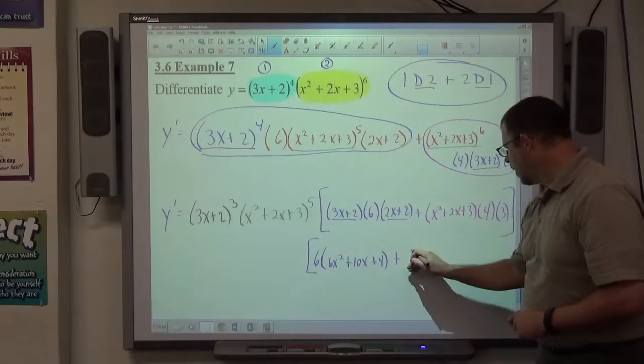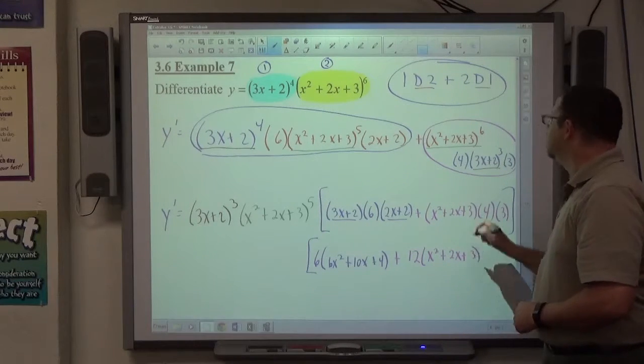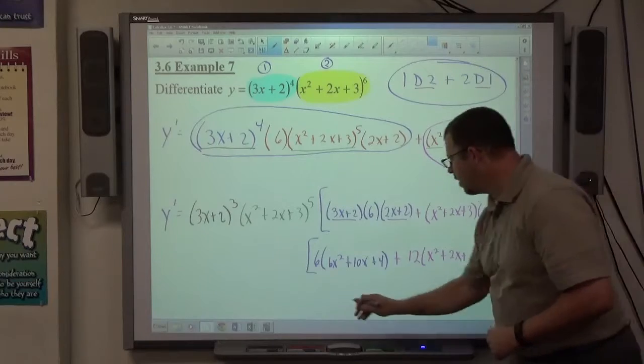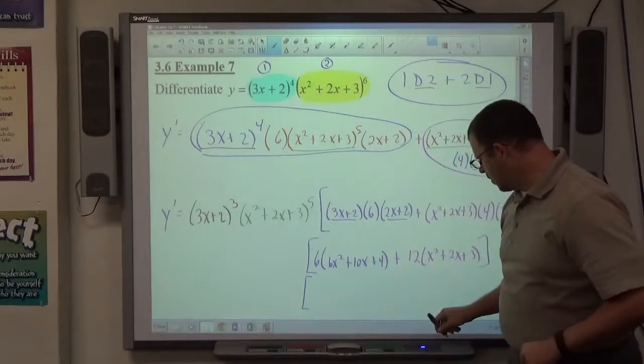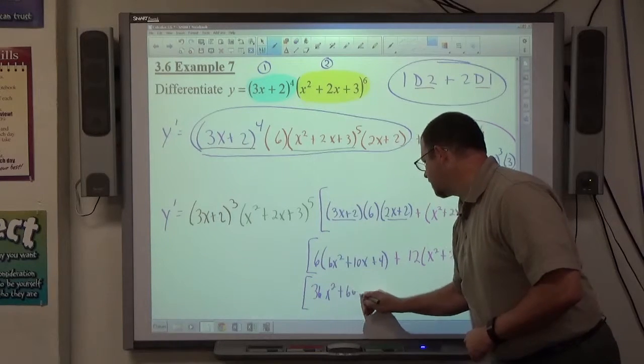And here I've got 12 being multiplied by x squared plus 2x plus 3. Continuing on, if I multiply 6 through that parentheses, I get 36x squared plus 60x plus 24.